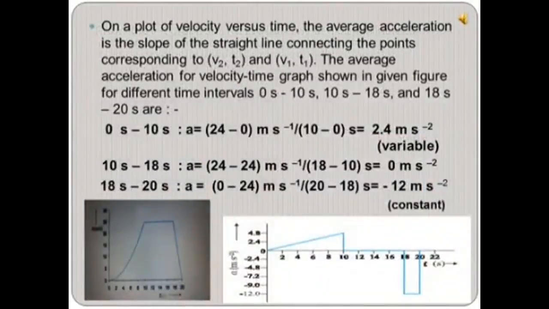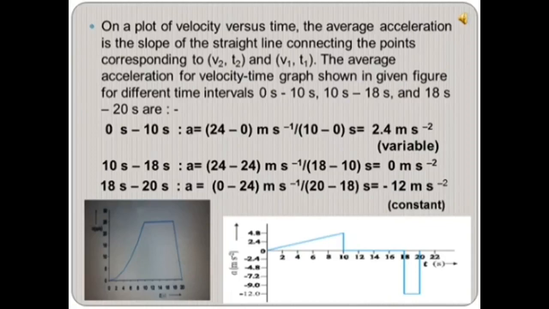You have to understand that the average acceleration is obtained by the slope of velocity time graph. We have to determine the slope of the velocity time graph connecting the points, they are y coordinates and x coordinates corresponding to v2 t2 and v1 t1.